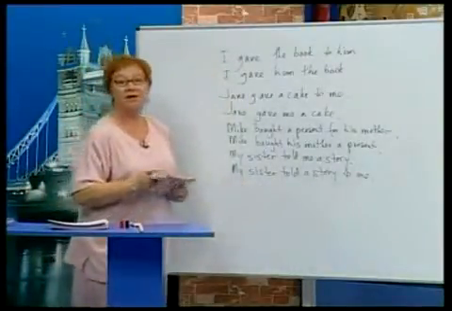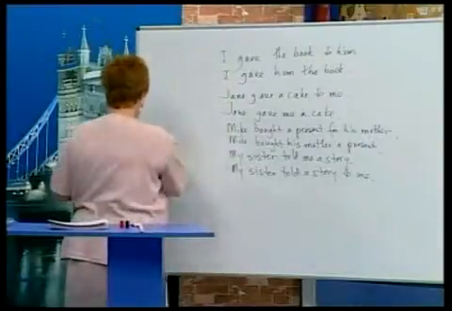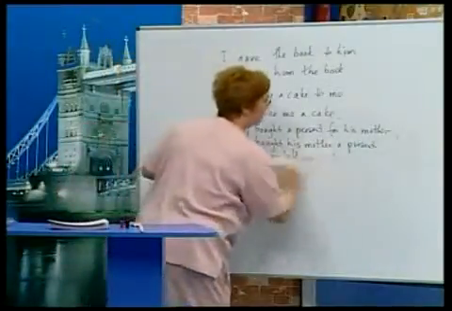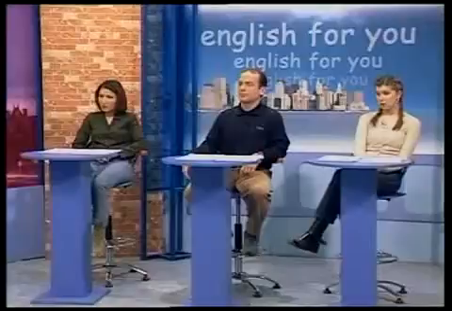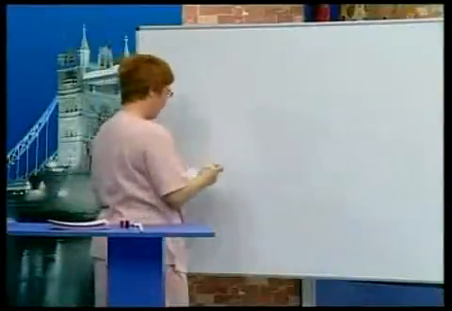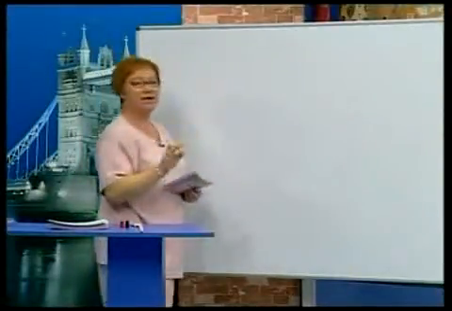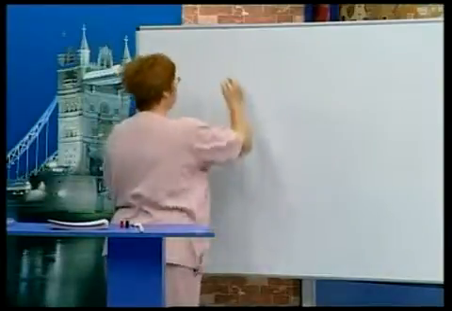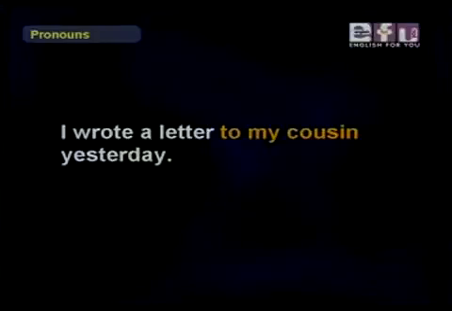Now, we're going to practice a little bit. And let me take these off, and we'll put some more on here. And our assistants will help us. All right. Now, we're going to change the direct and the indirect objects. So, I wrote a letter to my cousin yesterday.